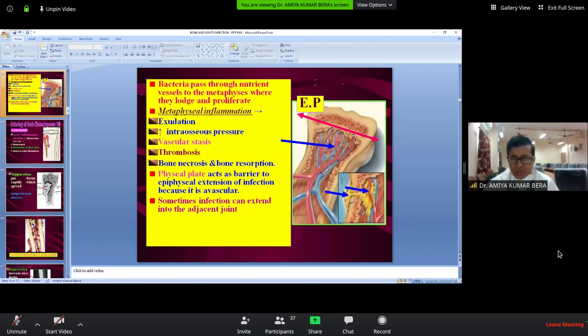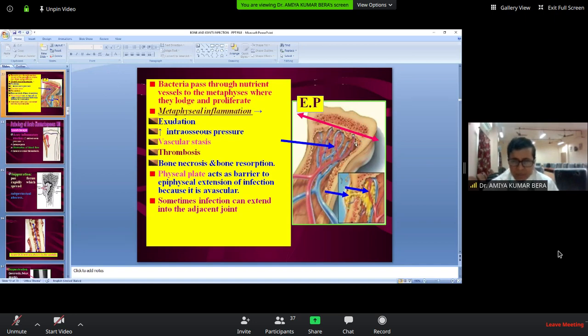Actually, the growth plate acts as a barrier. It's avascular, except in neonates. That's why in neonates it can cross the physis, but after 6 weeks of age, the vessels which cross the physis are obliterated. Thereby, the physis acts as a natural barrier.